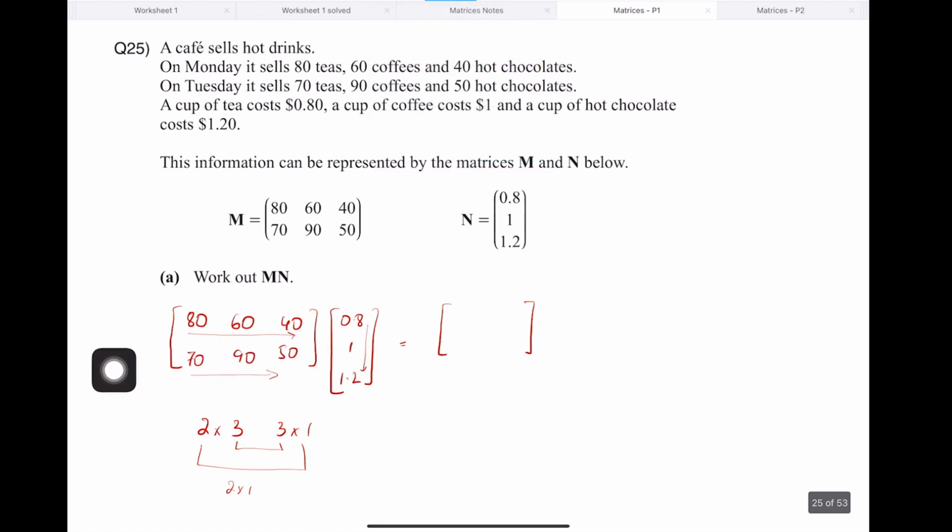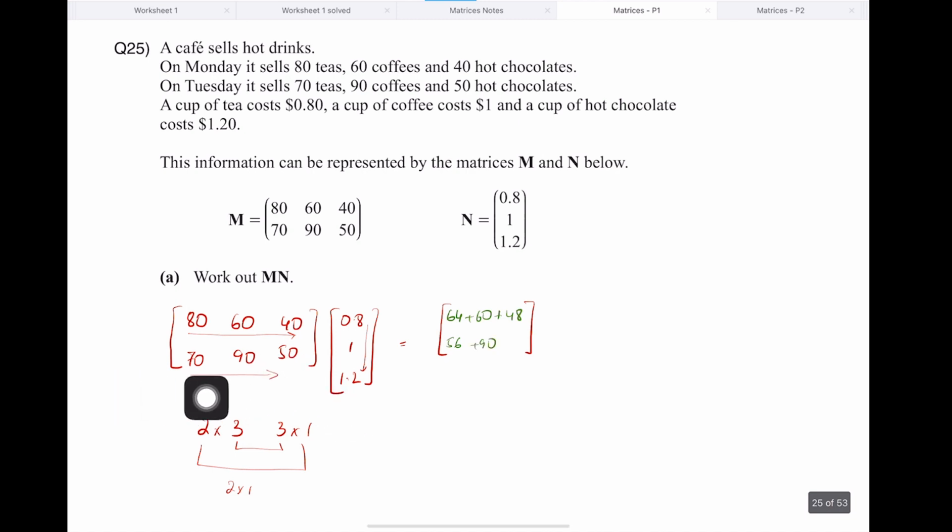Now this is a paper 1 question and it requires a decent amount of multiplication, so just be careful. 80 into 0.8 is going to be 64. 60 into 1 is going to be 60. 40 into 1.2 is going to be what? 48. 12 into 4, 24. Yeah, 48. Great. 70 into 0.8 is going to be 56. 8 sevens are 56. 90 into 1 is 90.